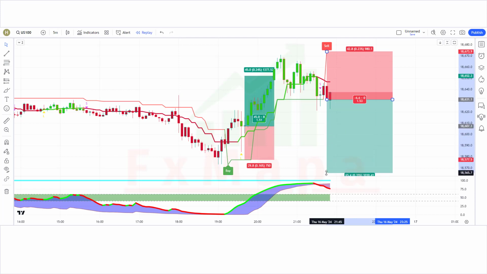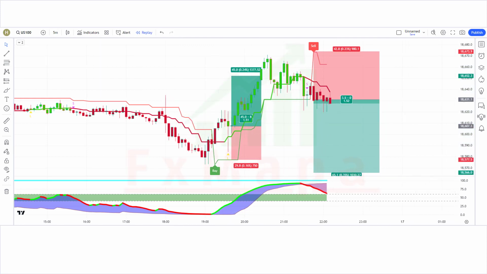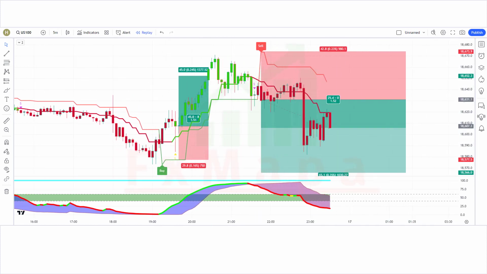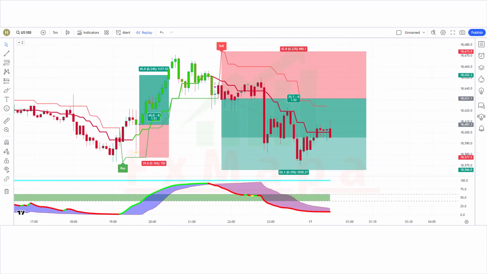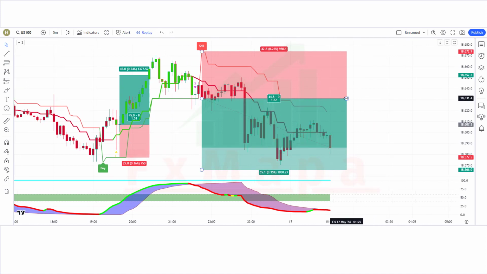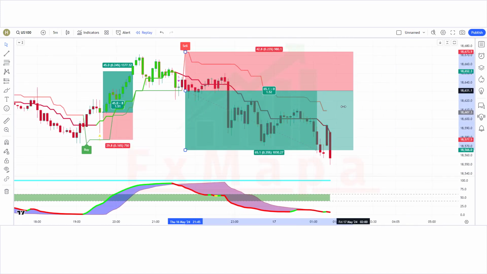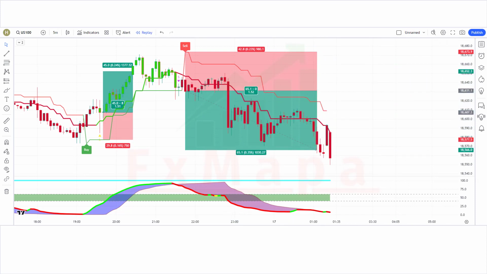And the risk to reward ratio will be 1:1.5. Let's see what happens to our trade. Our trade is running in profit. We have won the trade. Wait for the next signal.